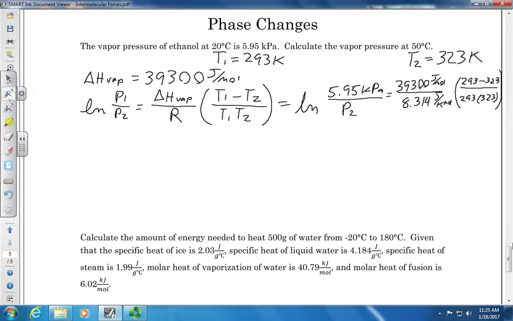And that is going to give us, at least for the right-hand side, a number. So for the right side of the equation, we find that the answer is going to be negative 1.49842.